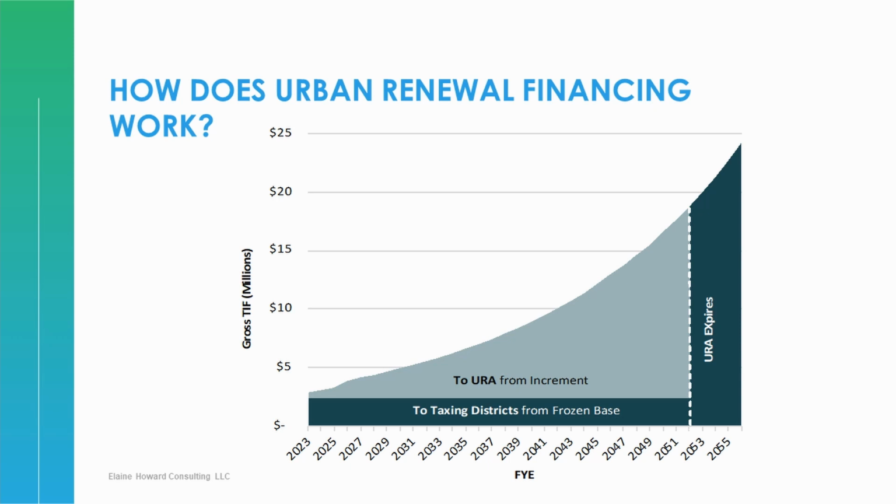Because urban renewal areas can incur debt, often the urban renewal area will have completed all of its identified projects, but will still be collecting property tax revenues to pay off its remaining debt. Finally, this graph also illustrates one of the essential goals of urban renewal: to increase the property tax revenue base for all taxing districts. Once the urban renewal area sunsets, all of the assessed value that was a part of the increment now becomes taxable assessed value for the overlapping taxing districts.